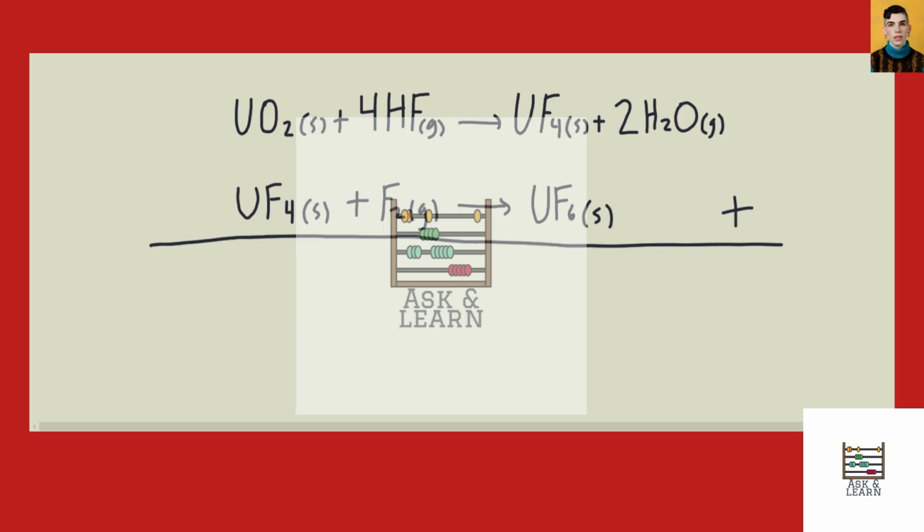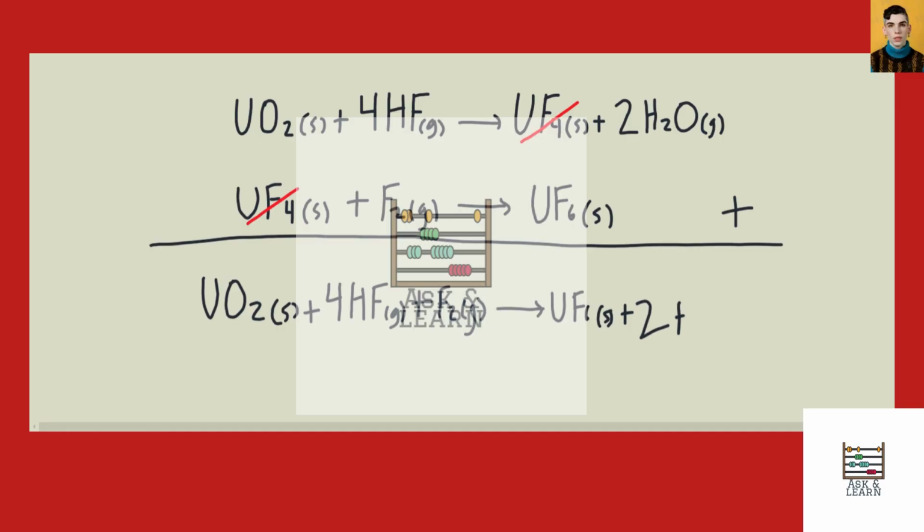We can see that UF4 cancels out on each side, and so the overall reaction is UO2 solid plus 4HF gas plus F2 gas goes to UF6 solid plus 2H2O gas.